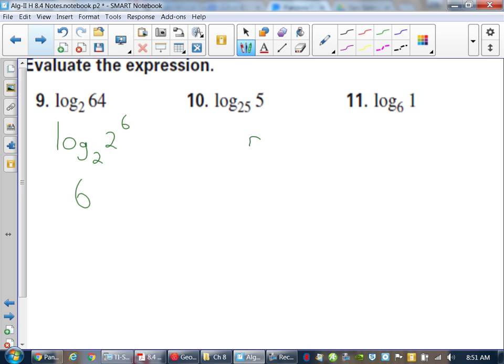Now, isn't 5 the same as 25 to the 1/2? So you might have to think of it in terms of that, working backwards and thinking about using an exponent as a root. So this would be the log base 25 of 25 to the 1/2. And again, this base and this base, because it has an exponent, these two are the same, which means they undo one another. So your answer is 1/2.